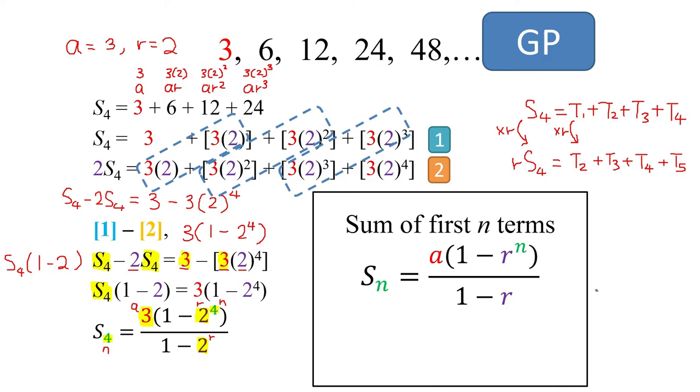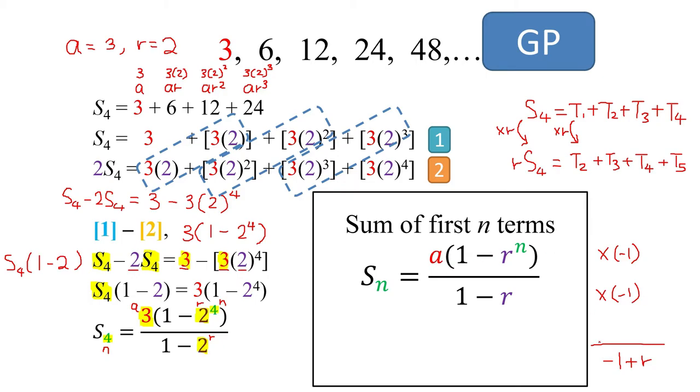What happens if I multiply negative 1 and negative 1 to the numerator and the denominator? If I multiply the negative 1 to the denominator, I will get negative 1 plus R. If I multiply the negative 1 to the numerator, the A will become negative.